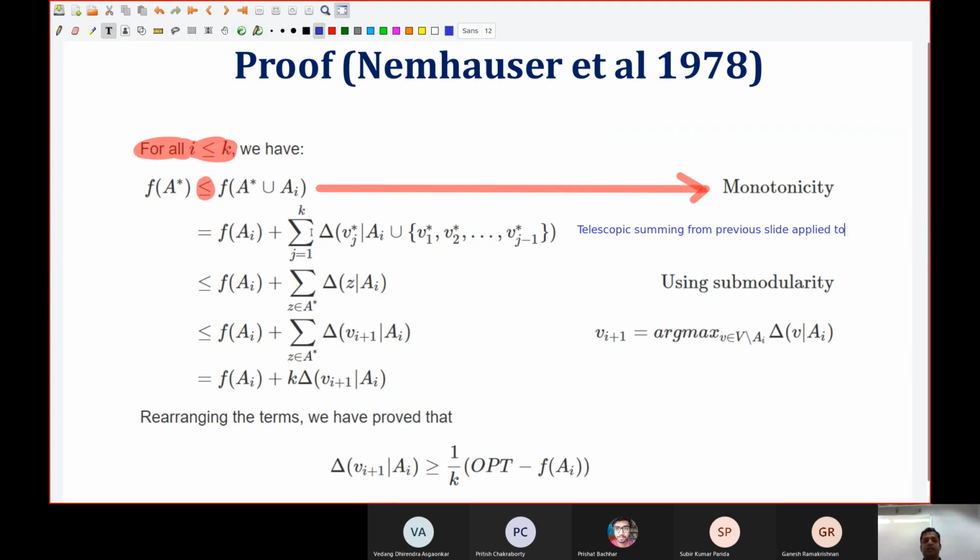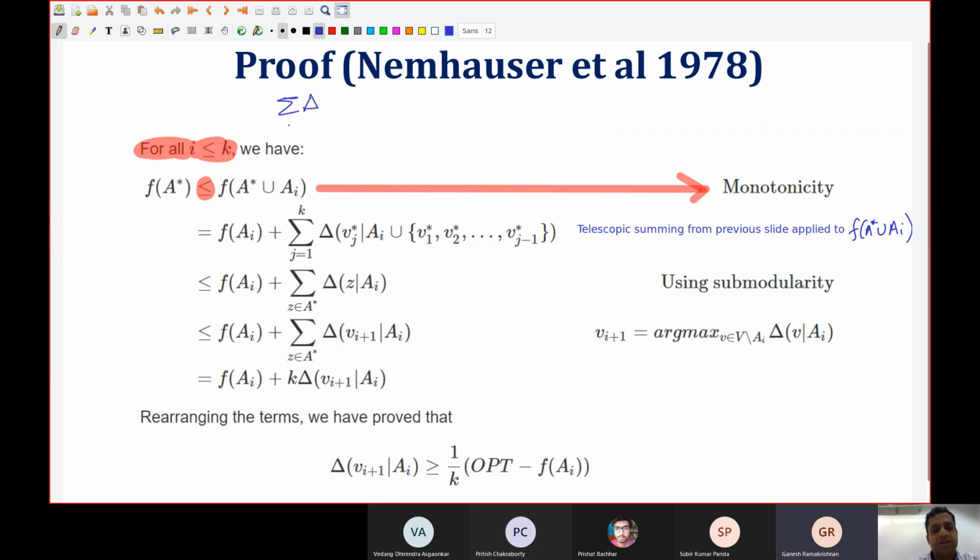Applied to f of A star union A_i. That's it. I change the argument. Okay. So if you want, we can use delta. Delta is basically gain.